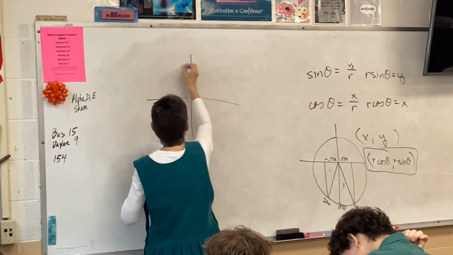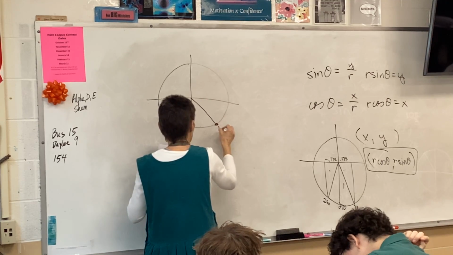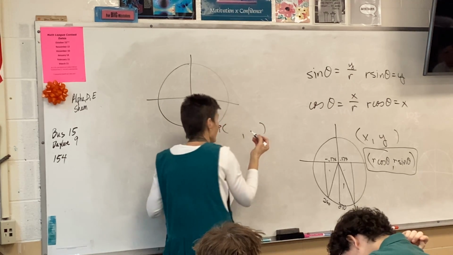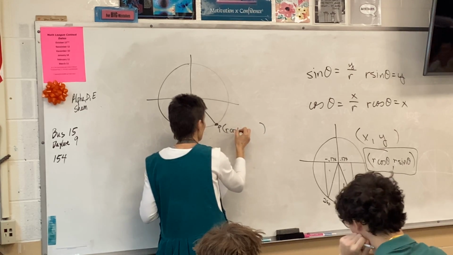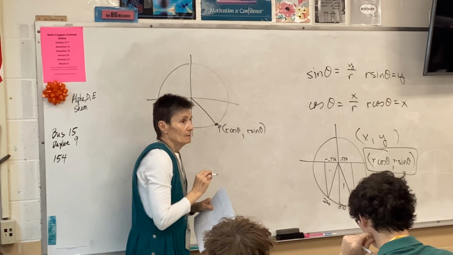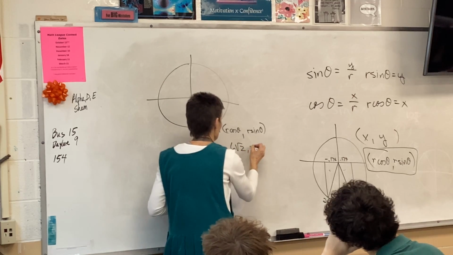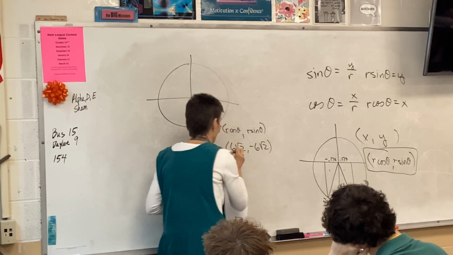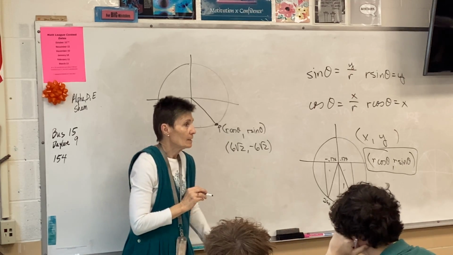Okay, so our point is right here. This is point P. And we know that P is R cosine theta, R sine theta. But we also know that it's 6 root 2, negative 6 root 2.